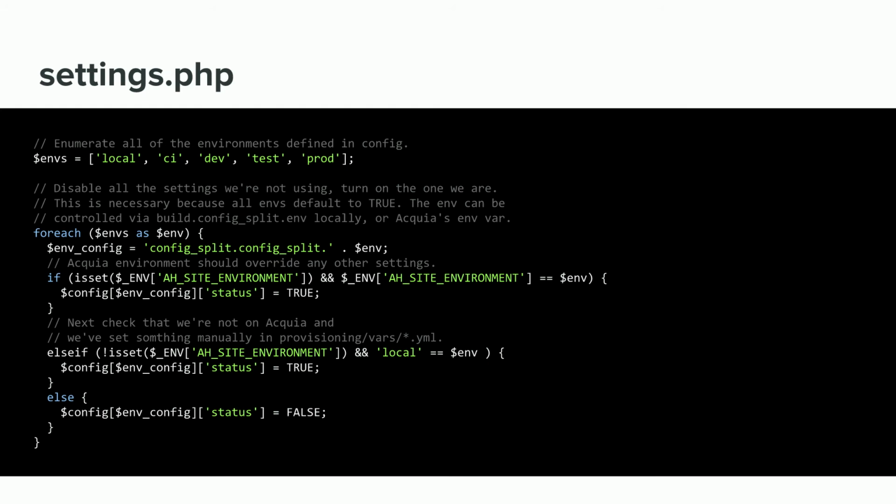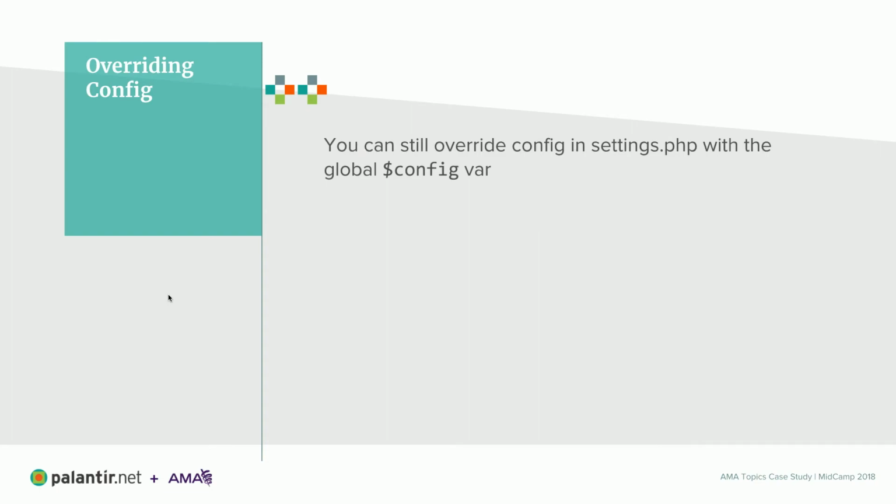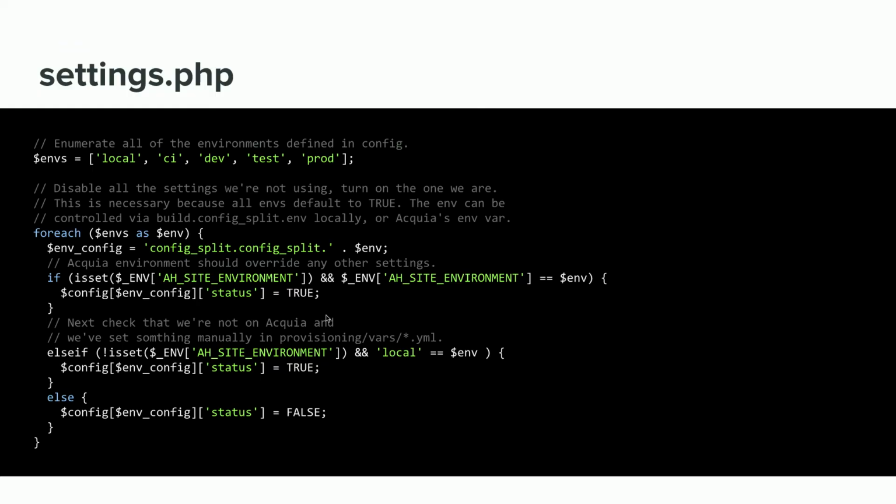You can see we've got all the environments that we have defined splits for in this variable, and this loop checks through if you're on your Acquia site, and basically matches that environment config to true, and that's it. So locally, we've got config local status equals true, and that's what indicates to us that that's where to look for our active configuration.